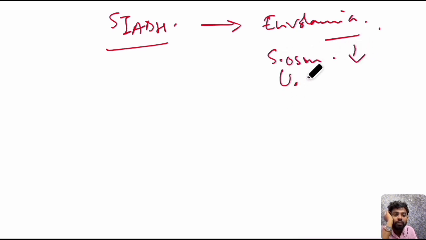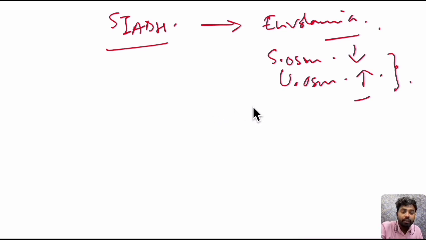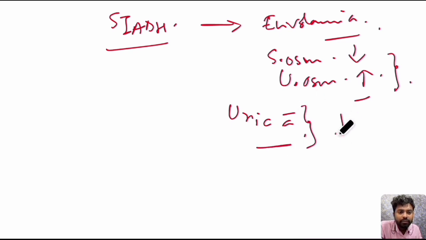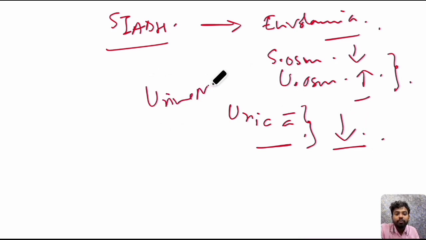Okay, urine osmolarity goes up. And next, what will happen? Your uric acid, I told you, which is a supplementary criteria, uric acid will be low because ADH is uricosuric, and urine sodium will be more than 20.